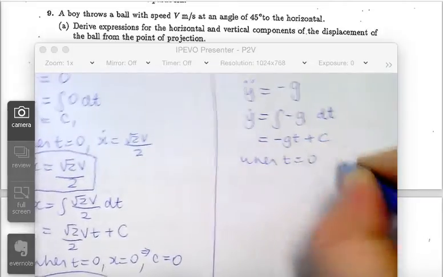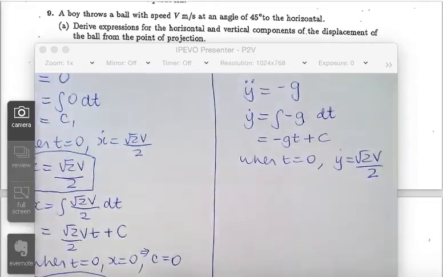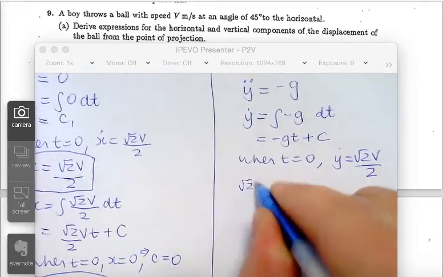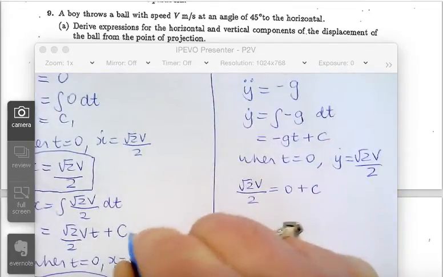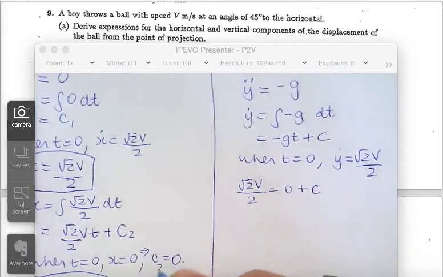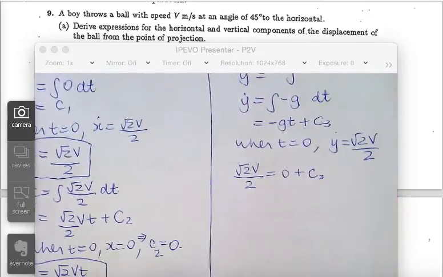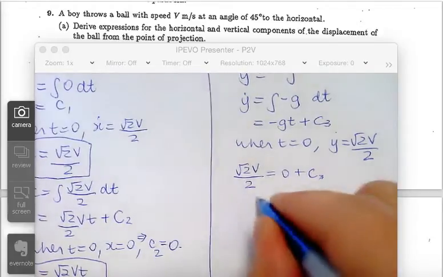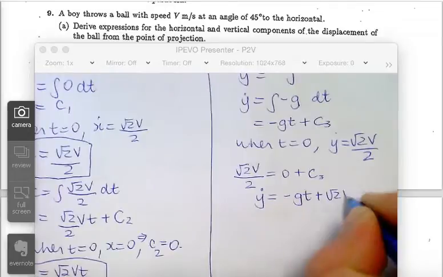When t is 0, y dot is root 2v on 2. Therefore, constant 3 is root 2v on 2. Therefore, y dot is negative gt plus root 2v on 2.